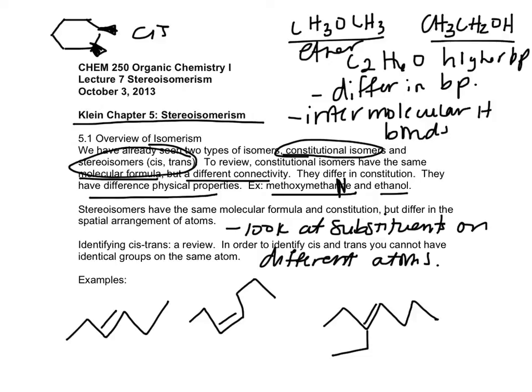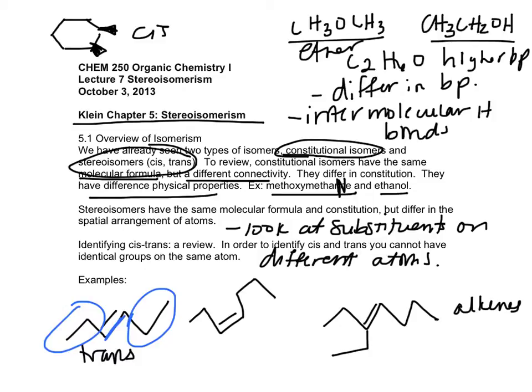Okay, so I've drawn 3 alkenes here, and I want to identify if the alkenes are cis or trans or don't have a cis and trans relationship. The first alkene is trans. The substituents that are attached to the carbons of the double bond are on opposite sides.